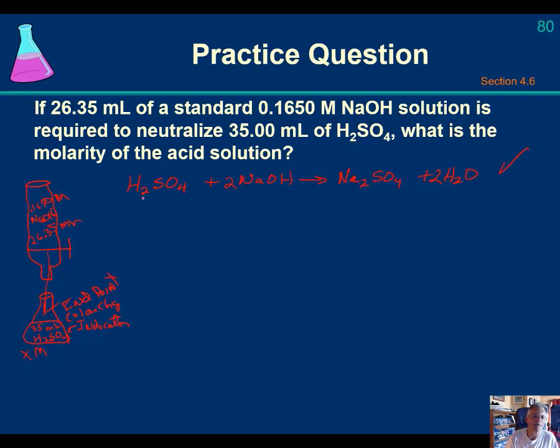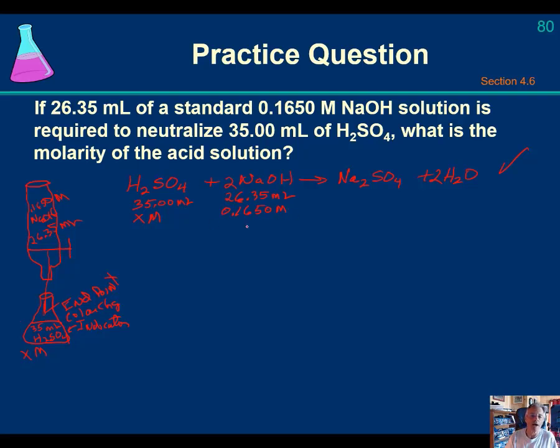We've got 35.00 milliliters of this stuff. We don't know what the concentration is in moles per liter. It required 26.35 milliliters of sodium hydroxide, and that sodium hydroxide, that's our standard, that's our ruler, and it's 0.1650 molar.